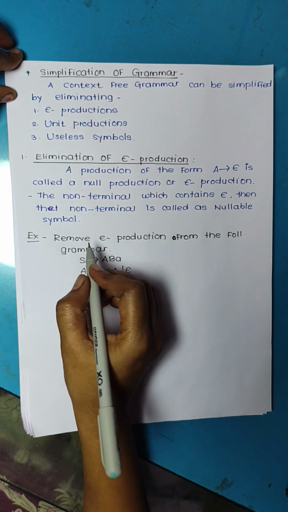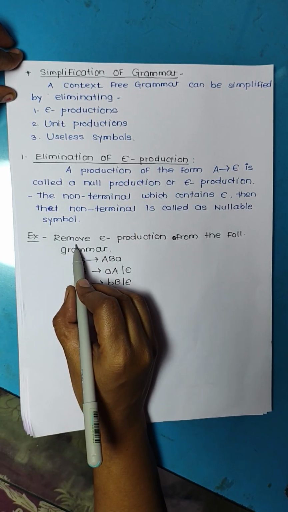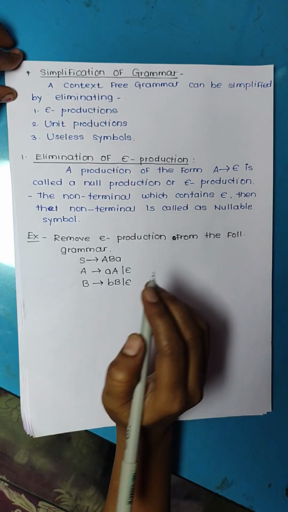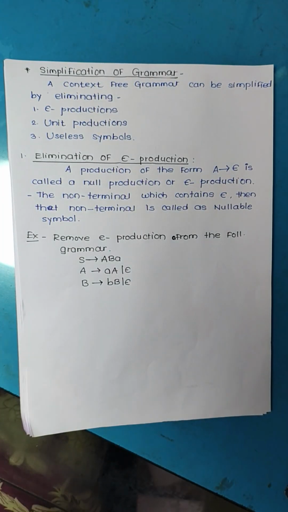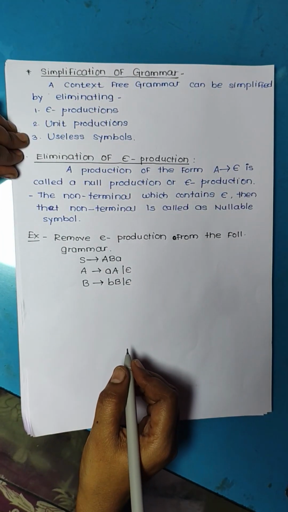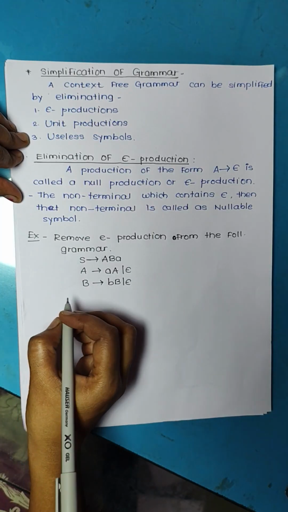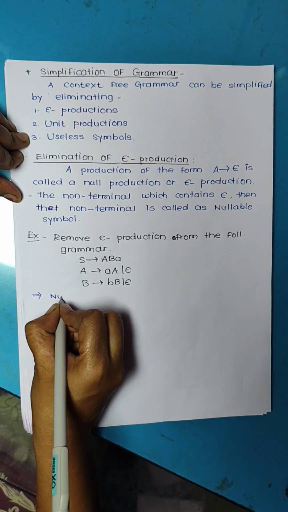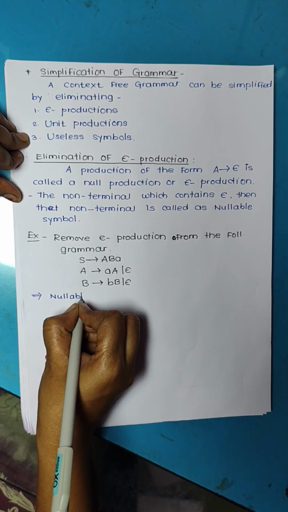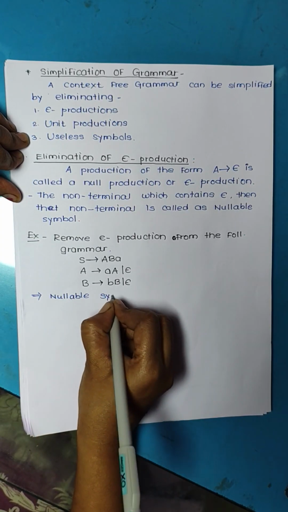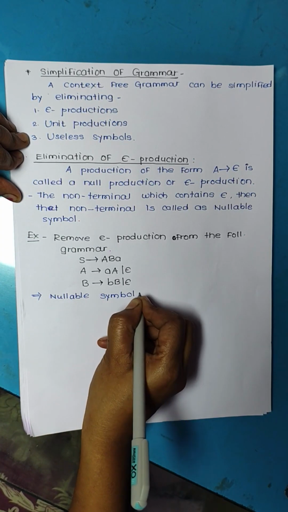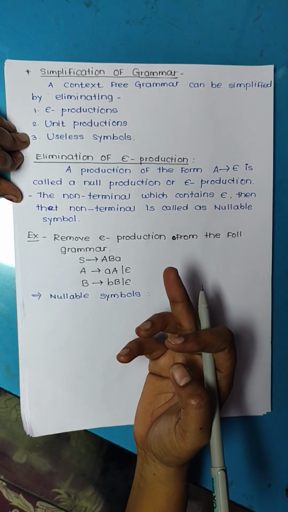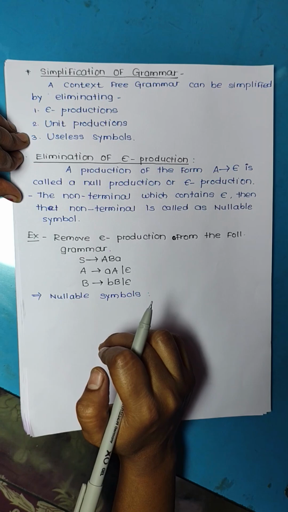Let us see one example. Remove epsilon production from the following grammar. First of all we have to identify the nullable symbols from the given grammar. Nullable symbols are the non-terminals which contain epsilon.